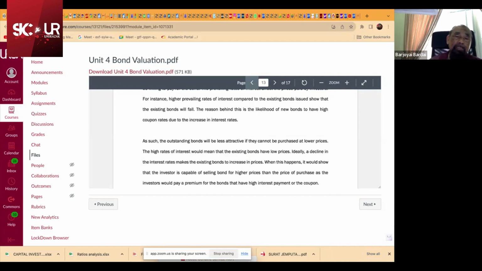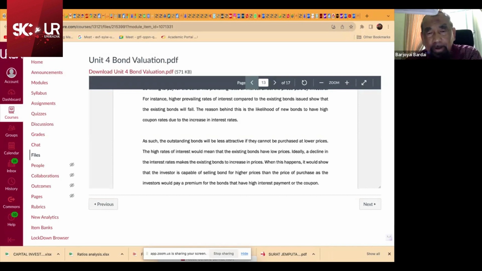And as a result, the price of the bond is also very low, and their only option is to hold the bond up to maturity and get back their investment at the end of maturity. But in the meanwhile, they have to suffer a very low income based on the coupon rate.